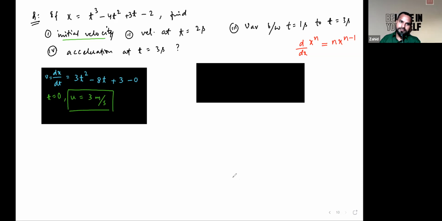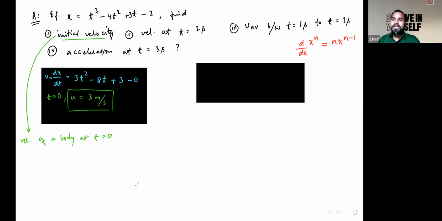Sir, could you repeat the definition? Initial velocity means velocity at the initial instant of time. It means at t equals 0. So you'll say the velocity of a body at t equals 0 is called initial velocity.